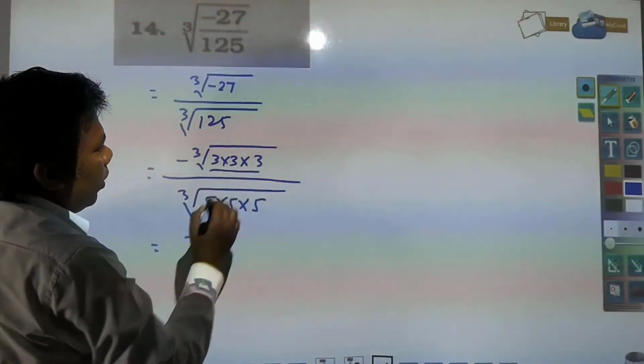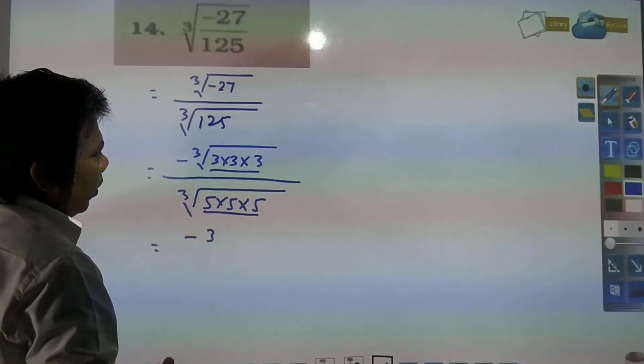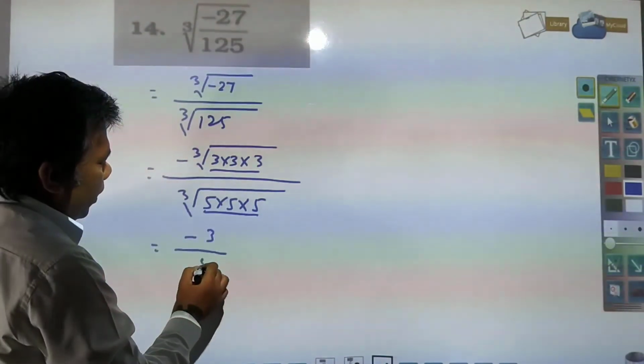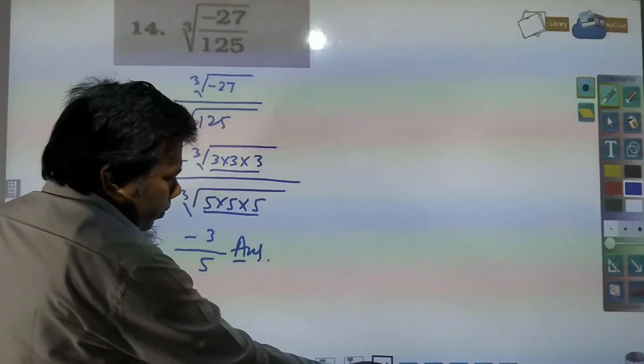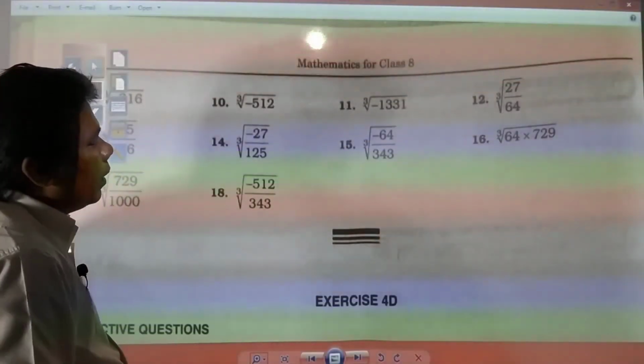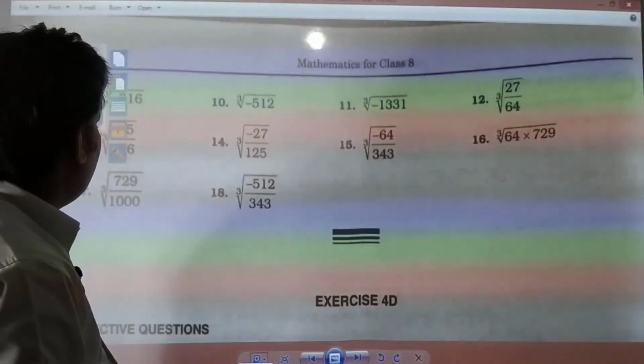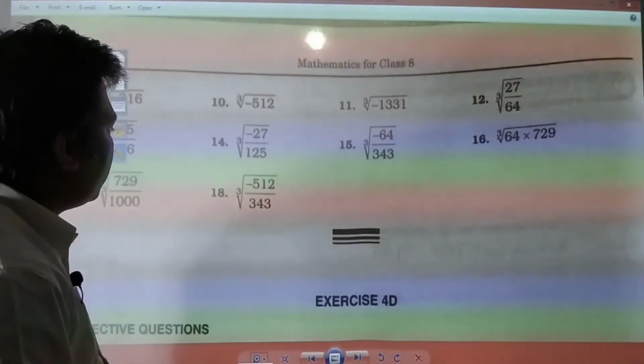One triplet you have got here, and one triplet there, so minus 3 by 5, and this will be your answer. I hope the rest of the questions you will be able to solve.